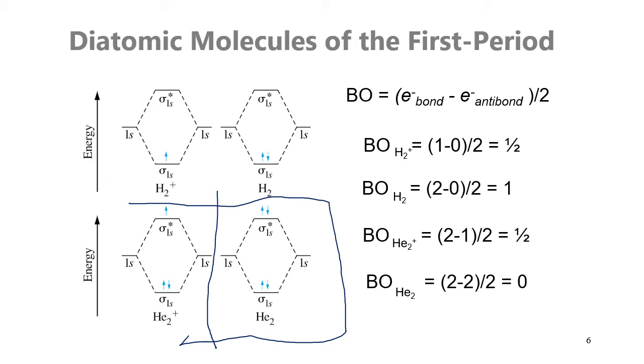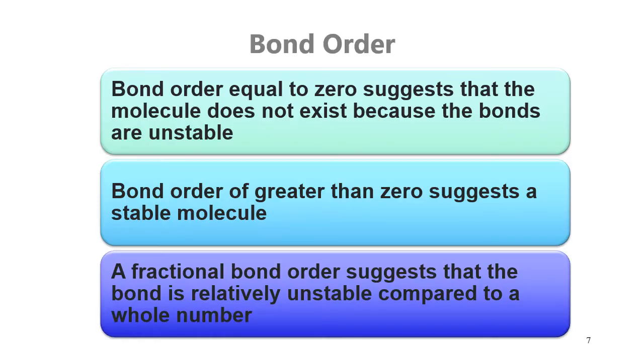So what does this mean? 0 is the answer for He2. And then the answer for H2 plus is half, H2 is 1, and then He2 plus is half. So this is the meaning of the number that we get when we determine the bond order.